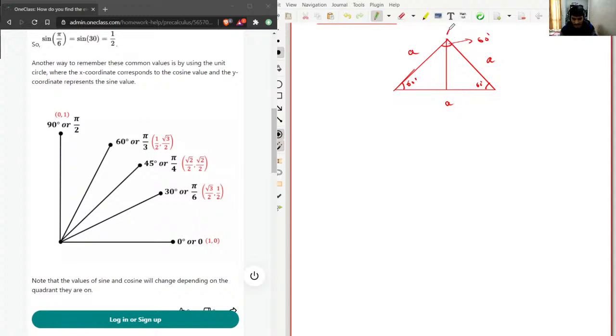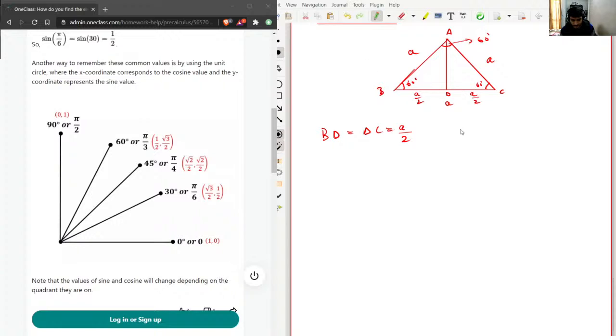So let's say the side length is a small a, and if I draw a perpendicular from one vertex to the opposite base, then that perpendicular will bisect the base in two halves. So this will become a by 2 and this will become a by 2. So BD equal to DC equal to a over 2.